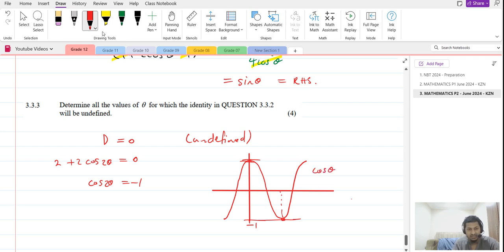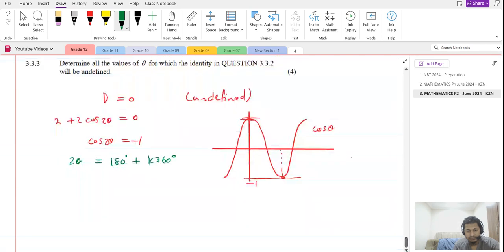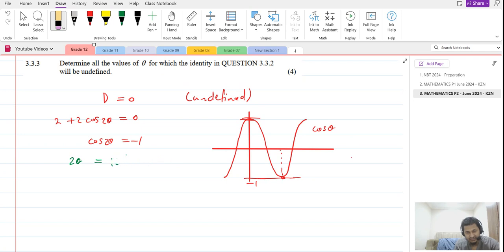So you're going to say 2 theta, that's your reference angle, equals 180 plus K360. We know at 180 it is, because that's 90, 180, 270, and that's 360.